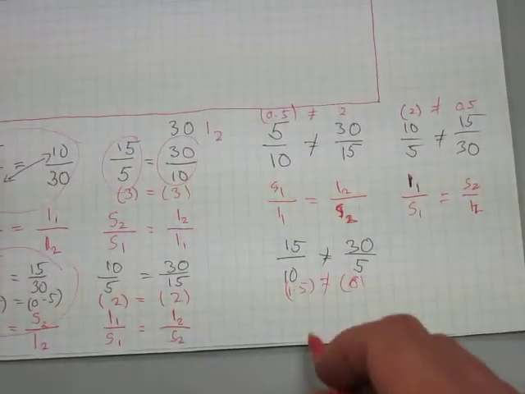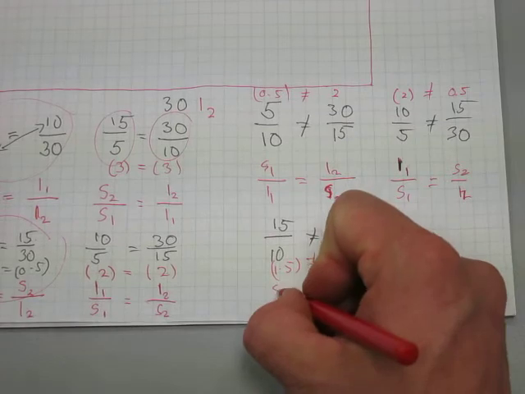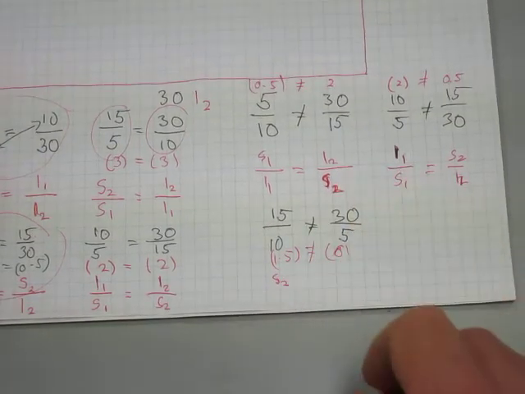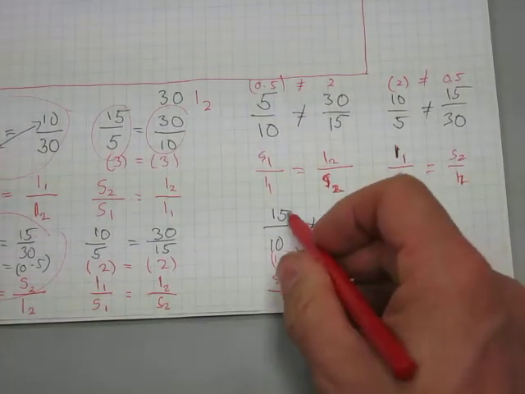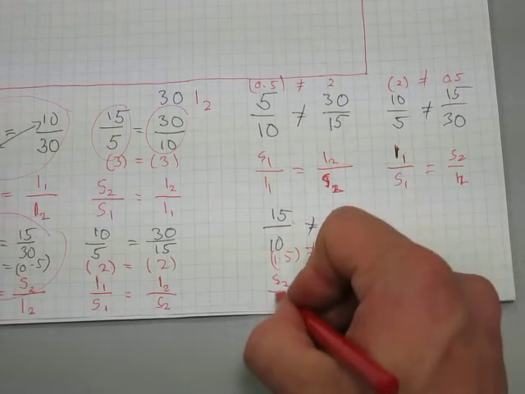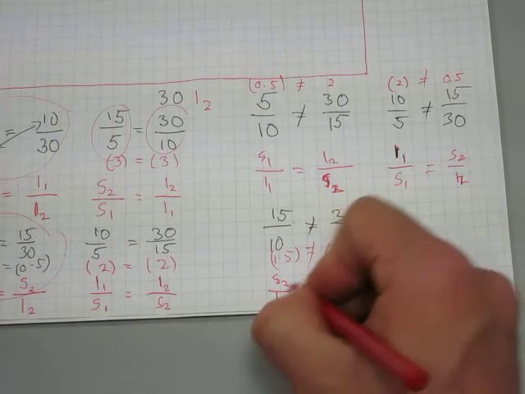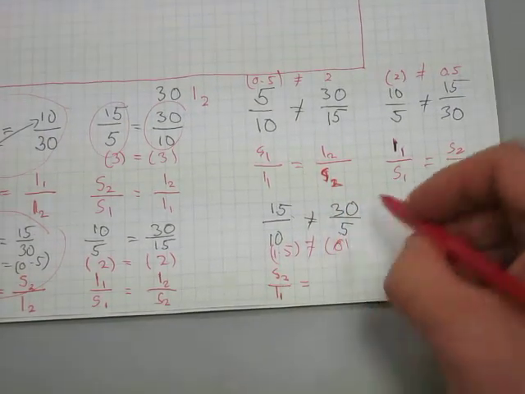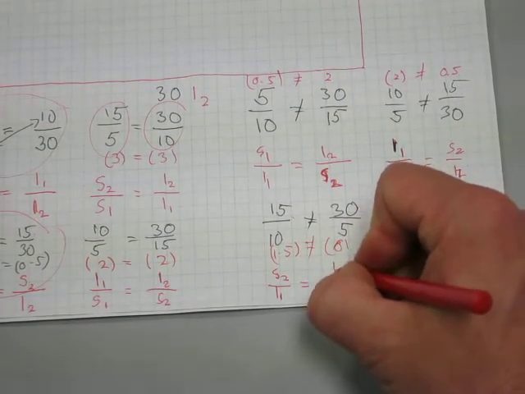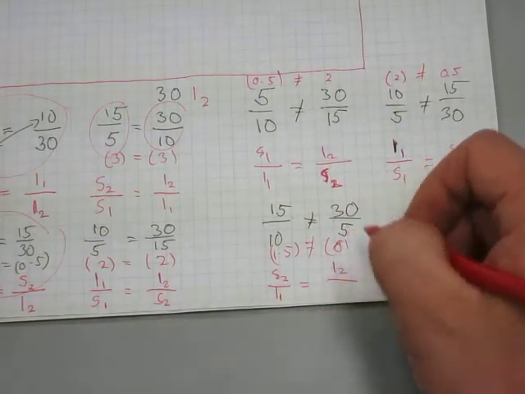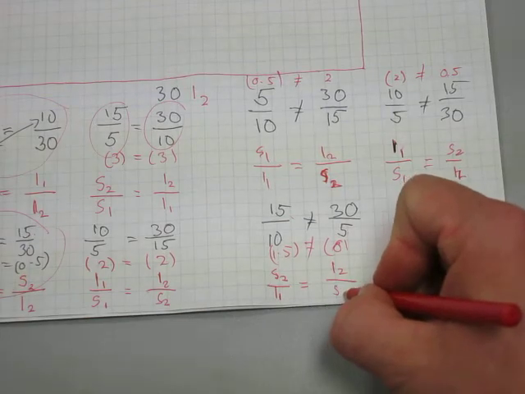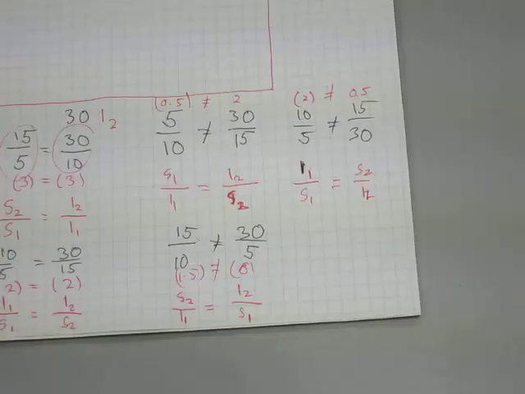In this combination, 15 up top there is the short side on the bigger rectangle, and 10 is the long side on the first shape, and 30 is the long side on the second shape, and 5 is the short side on the first shape.